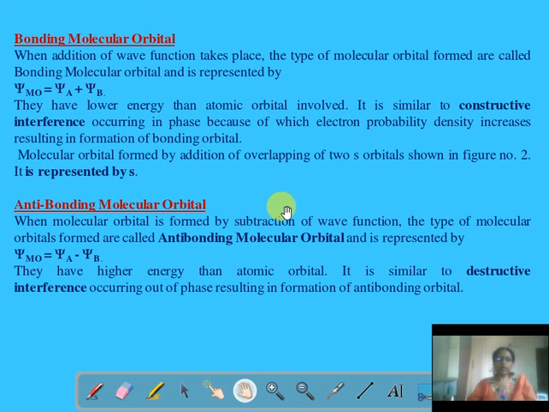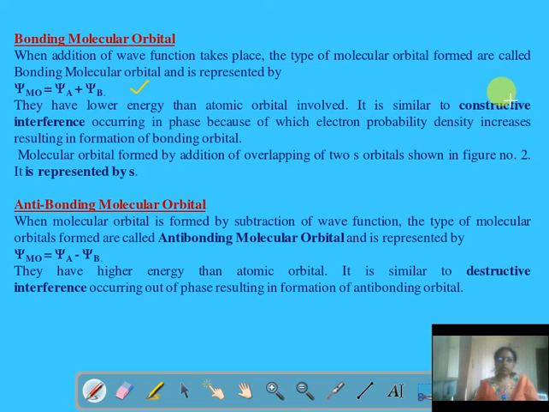Now I think the concept of bonding and antibonding molecular orbital is clear to you, but let me tell you once more what is bonding and what is antibonding molecular orbital. When there is an in-phase combination, that is, psi MO formed due to the positive interference of psi A and psi B, then the bonding molecular orbital is formed.